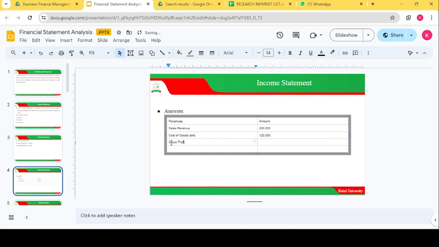We determine the gross profit by subtracting the cost of goods sold from our sales revenue. So when you subtract 200 minus 120, we get 80,000. And then we have our amount here. We should put in dollar from bracket dollar.